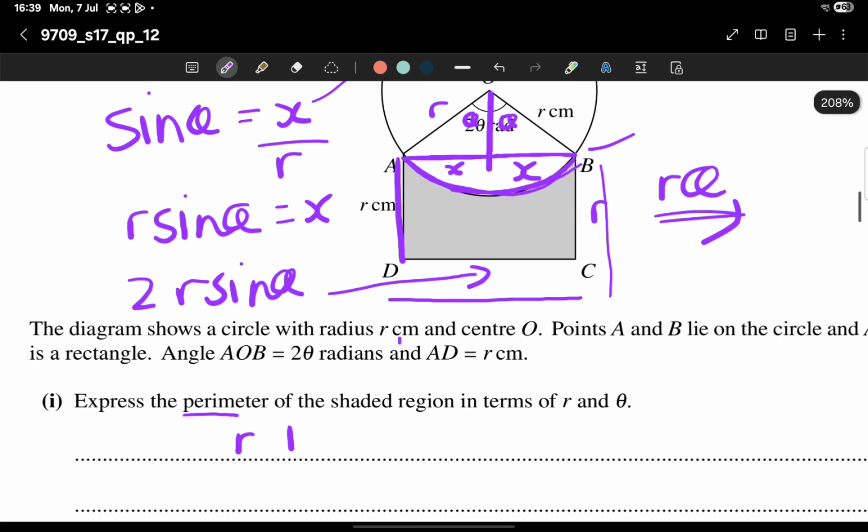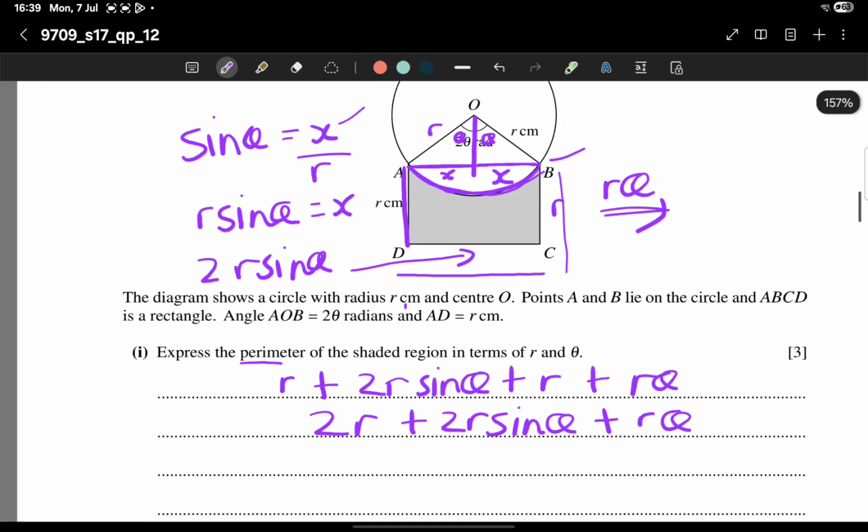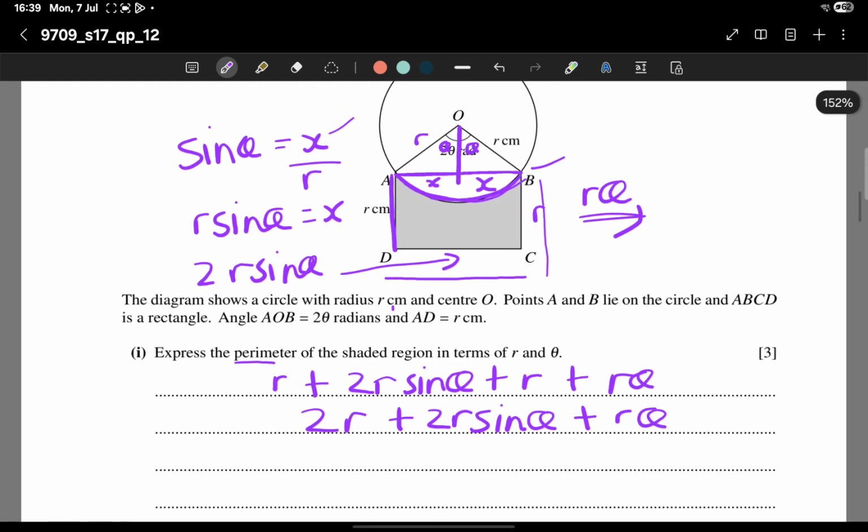So it's r plus 2r sine theta plus r theta, which will result in 2r plus 2r sine theta plus r theta, like that. And that should be the perimeter of the shaded region in terms of r and theta.